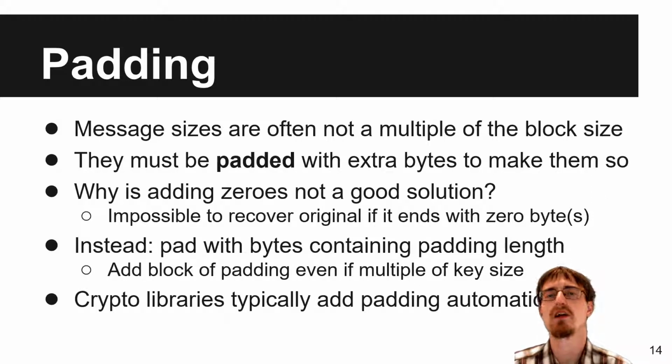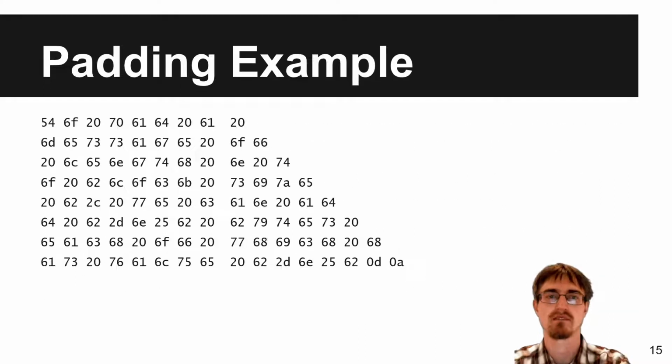Otherwise, if the final block ended in something that looks like padding, we would drop it off from the message, and this is not good. In practice, cryptography libraries automatically add the padding where necessary, but there can be multiple ways to do padding. The one I described here is just one of the more common ways, and you may have to specify what type of padding you want.